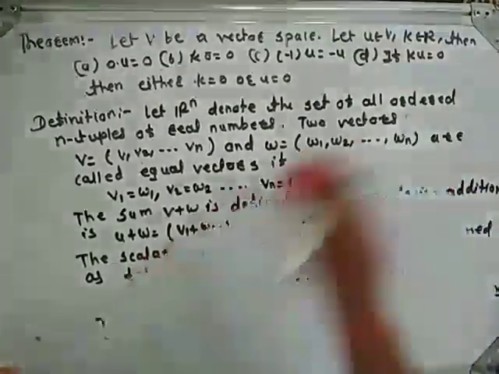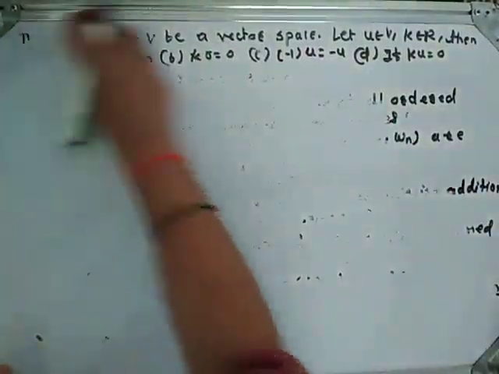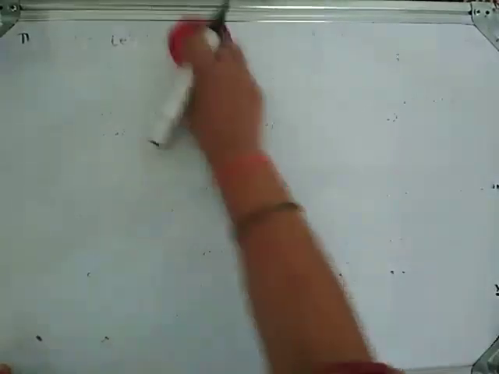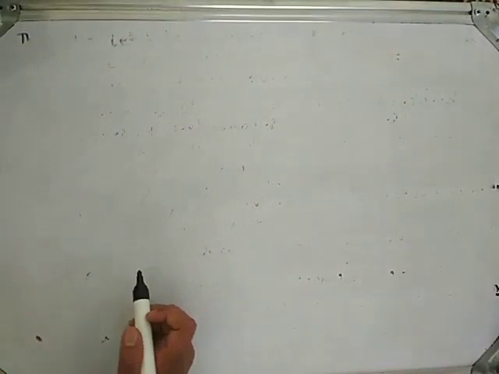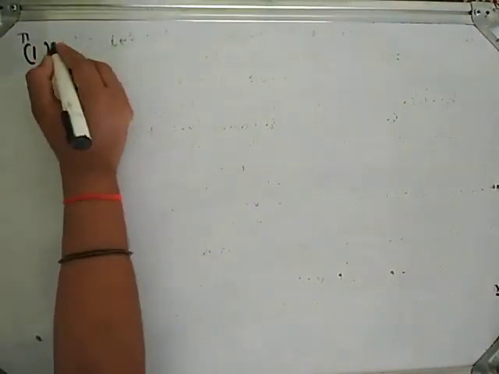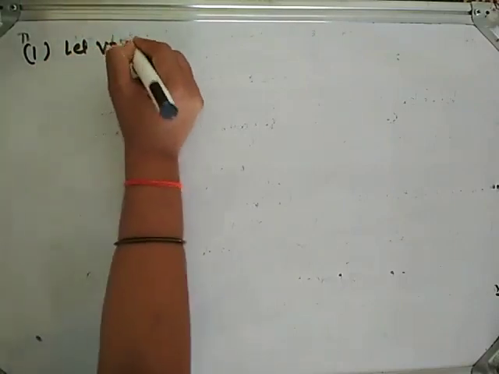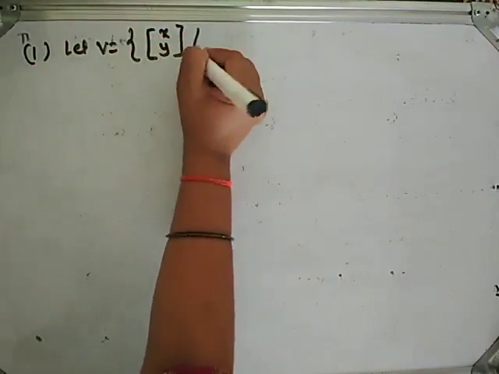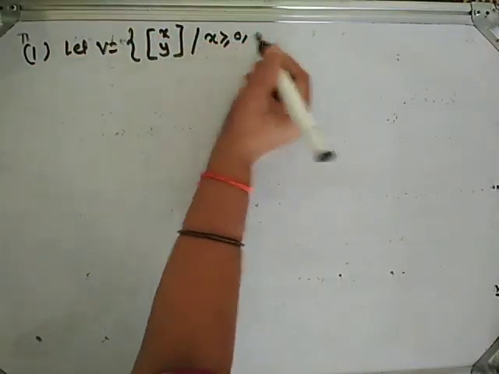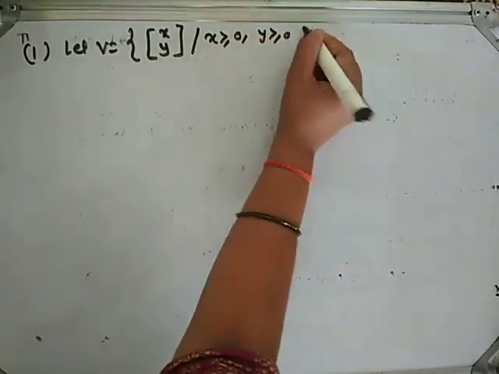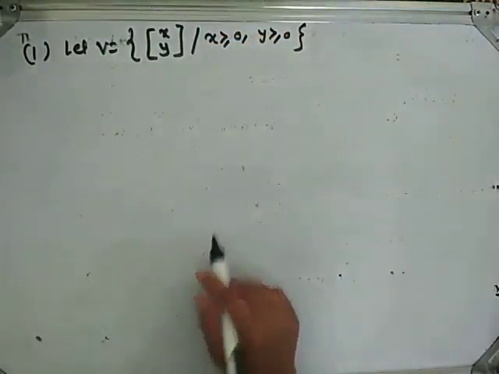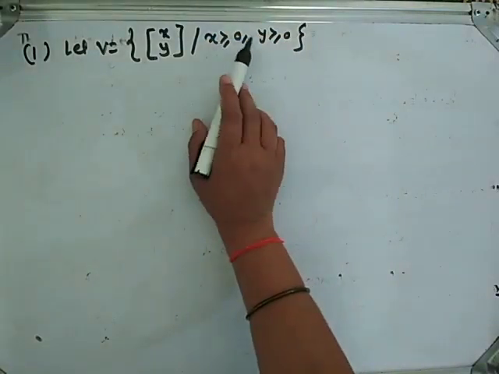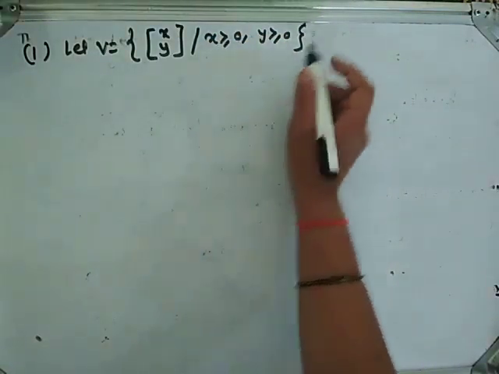First example: let V be the set of vectors (x, y) such that x is greater than or equal to 0 and y is greater than or equal to 0, meaning x is either 0 or greater than 0.